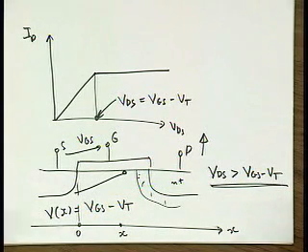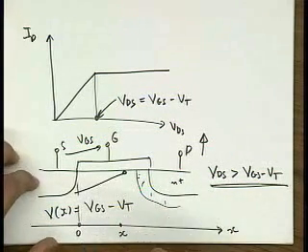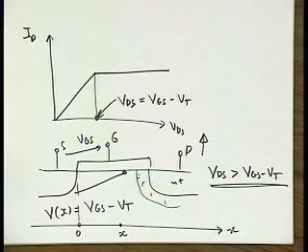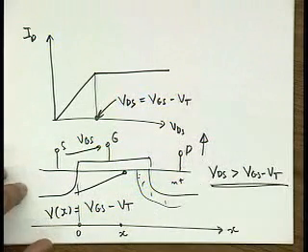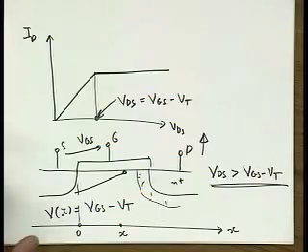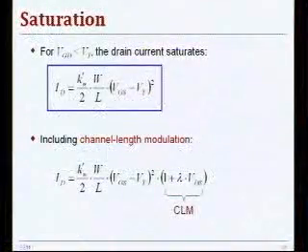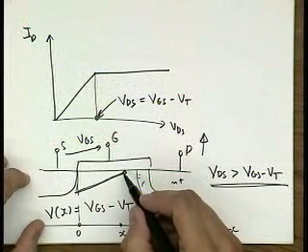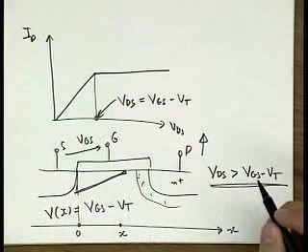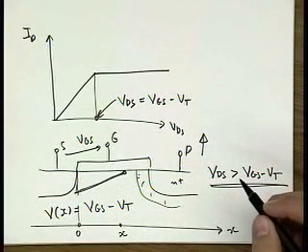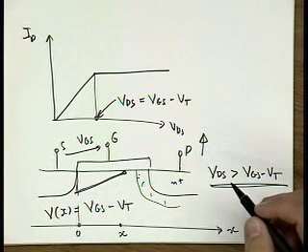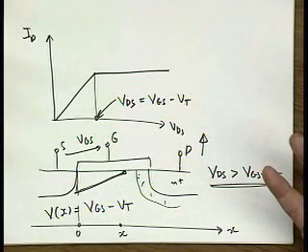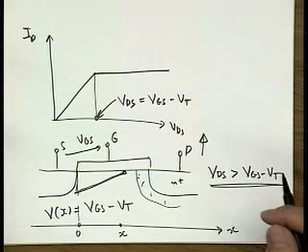What's going on over here is that you basically have what's called channel length modulation. If you keep increasing your drain to source voltage, then the effective channel length reduces, and what matters for your current expression is not the drawn W and L, but rather the effective W and L, because that's what really gives you electrical properties for your device.